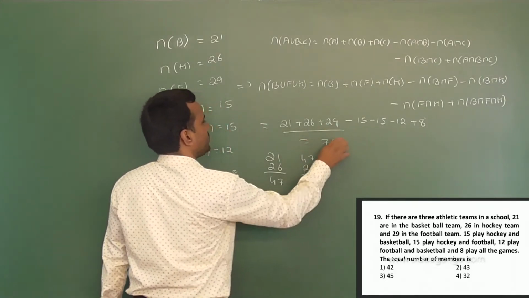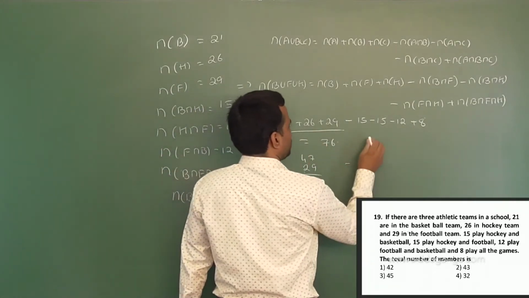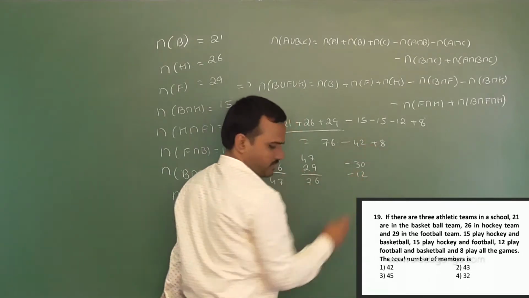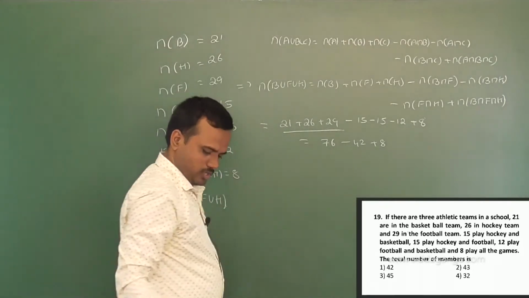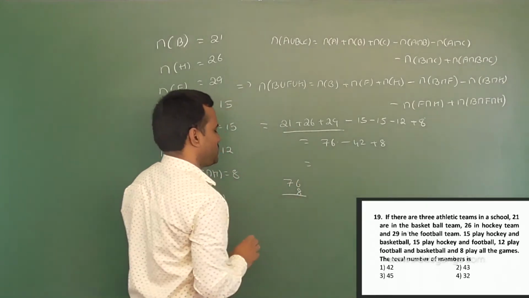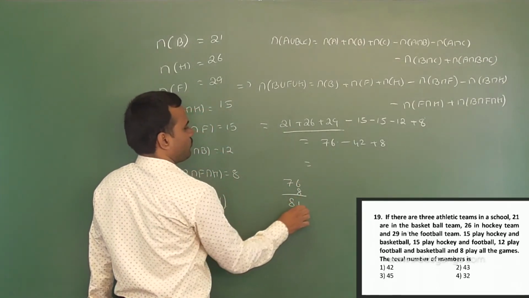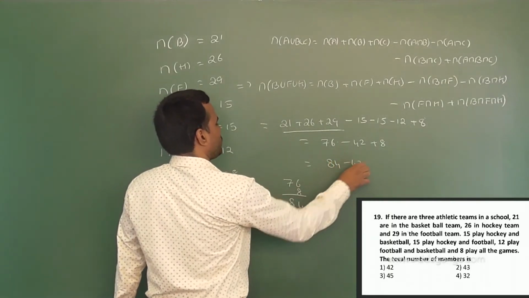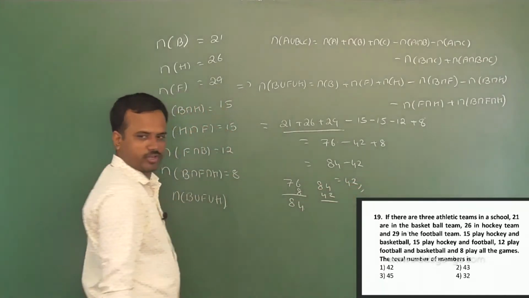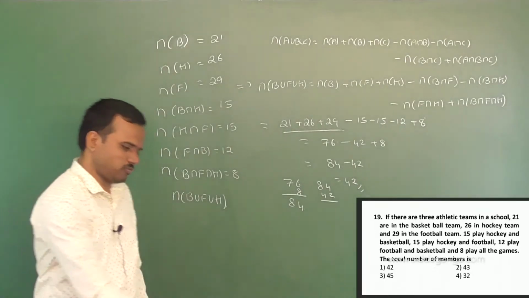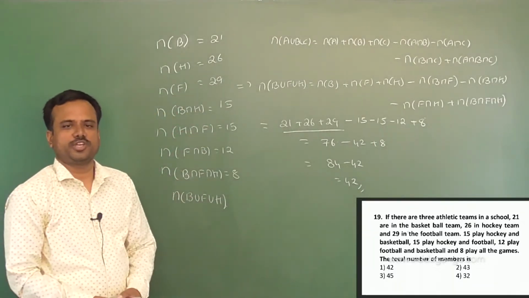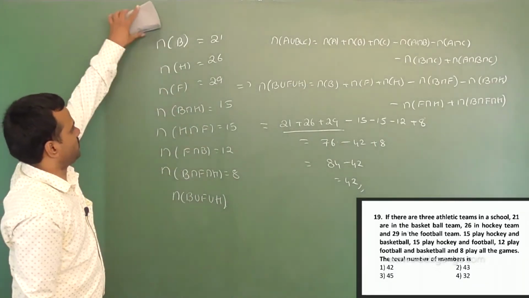This is equal to 76 minus 30 minus 12 minus 42 plus 8. 76 plus 8 is 84. 84 minus 42 is 42. So the option is the first one, 42. Very easy method. Next question.